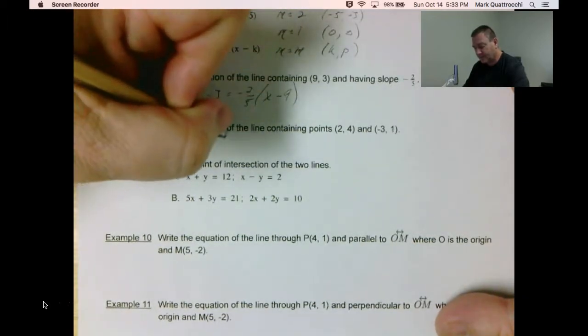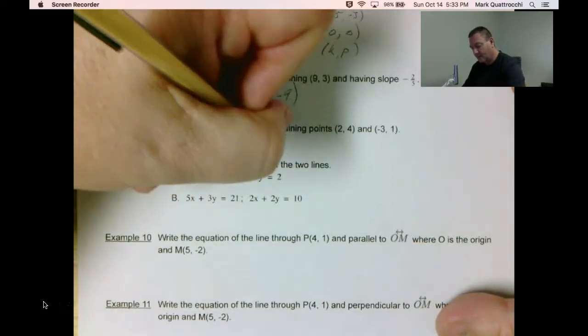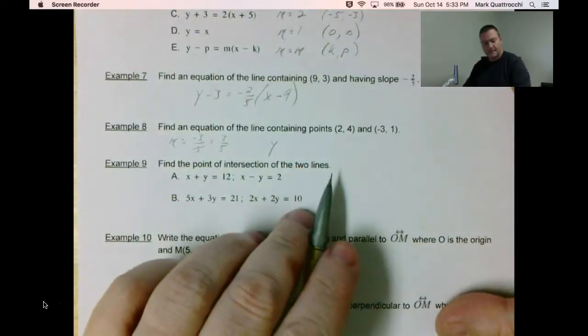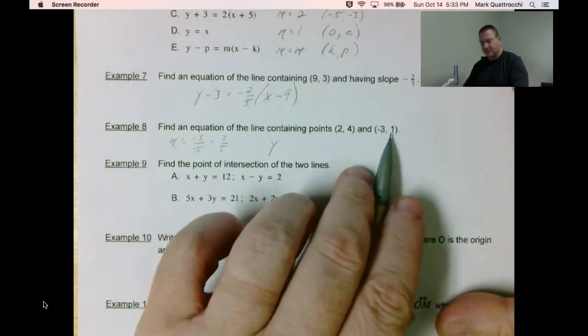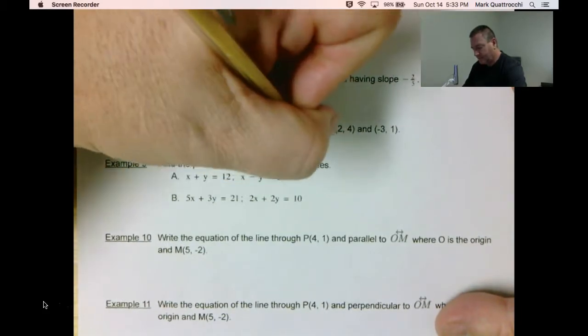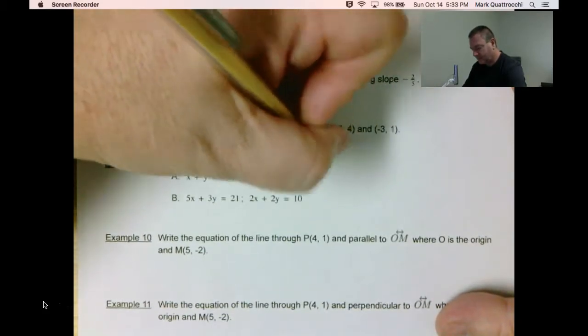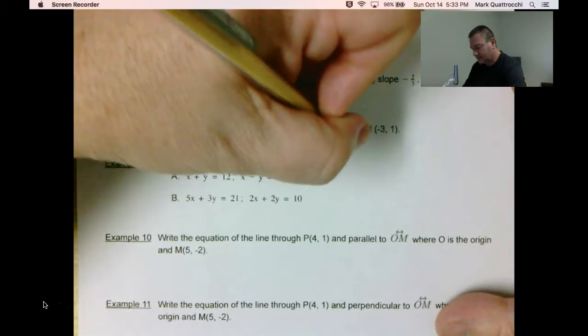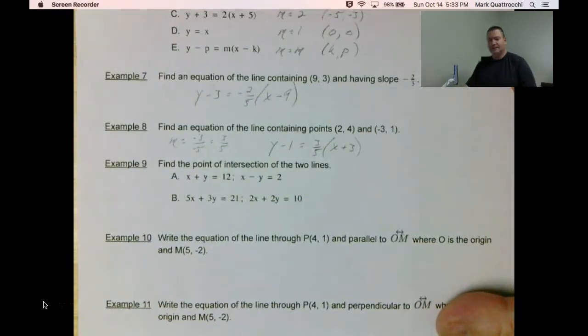So we have the slope of 3/5. So y, on the answer key I used this one. I'm going to use this one now, not that it matters. Y minus 1 equals 3/5 times x plus 3. That's the answer to example 8.